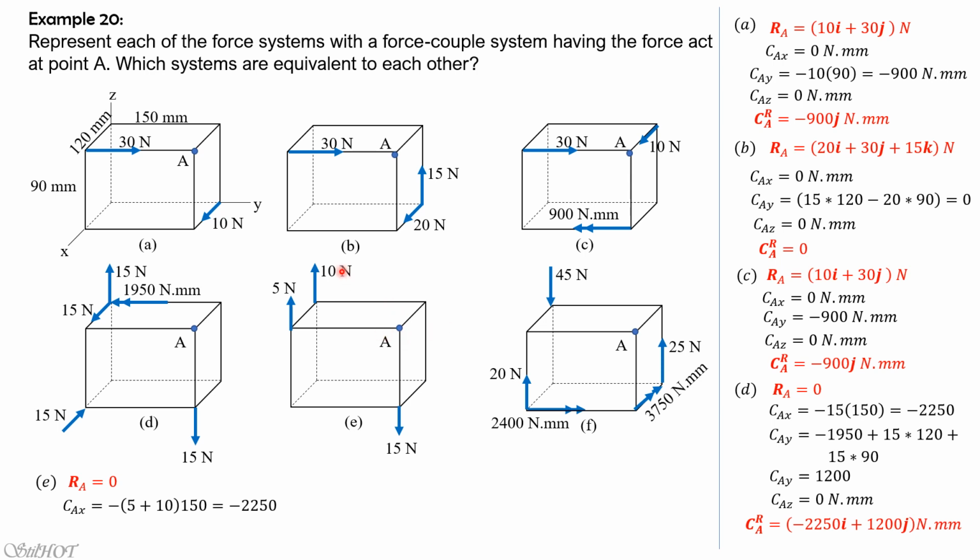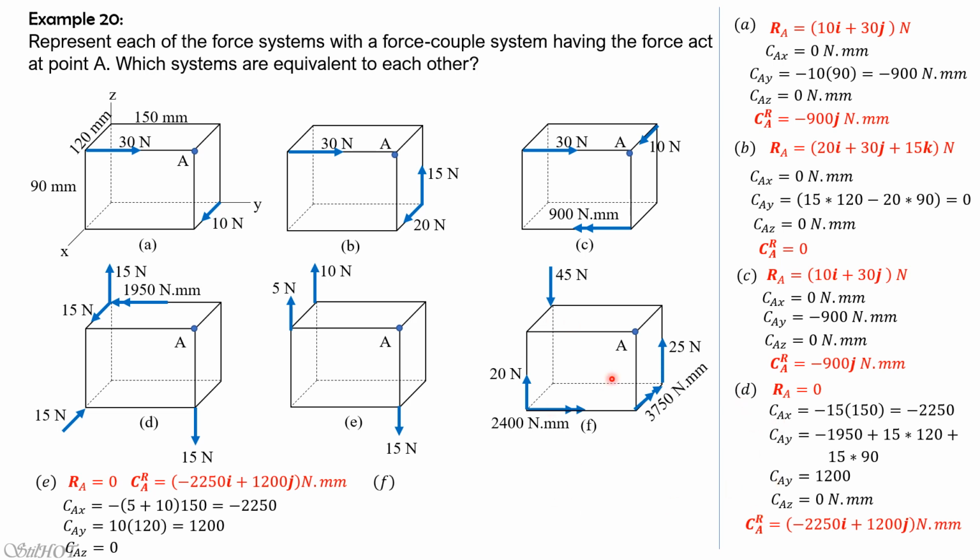By the right thumb rule, this 10 Newton force here produces a positive moment about AY. So the resultant couple about AY is positive 10 times 120, and that is equal to 1200 Newton mm. And finally, for CAZ, since all forces are parallel to the AZ axis, it's 0. So the resultant couple for the force system in E is equal to negative 2250 i plus 1200 j Newton mm. Comparing with the force system in D, they are equivalent also.